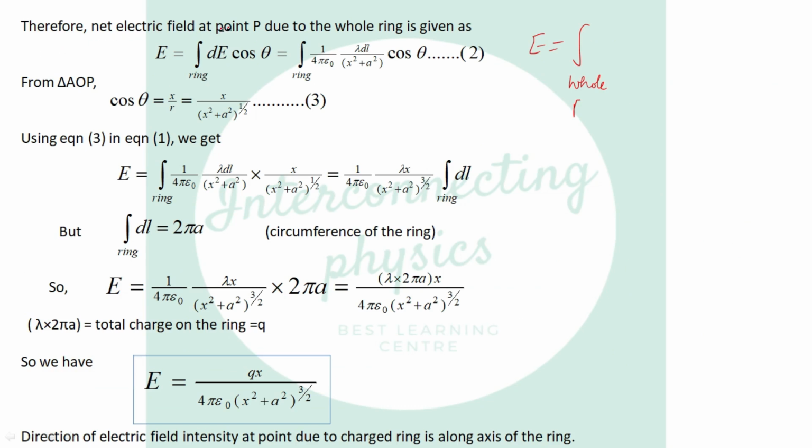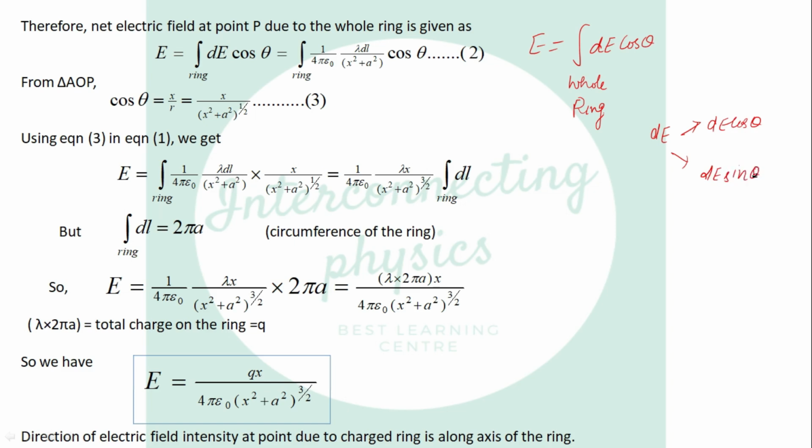You see, therefore, the net electric field at point P due to the whole ring is given by E equal to integration over the whole ring of dE cos theta, because dE has been resolved into two components, dE cos theta and dE sin theta.